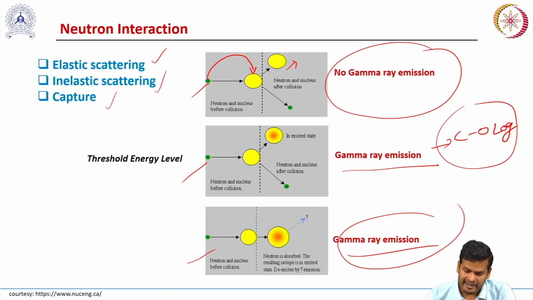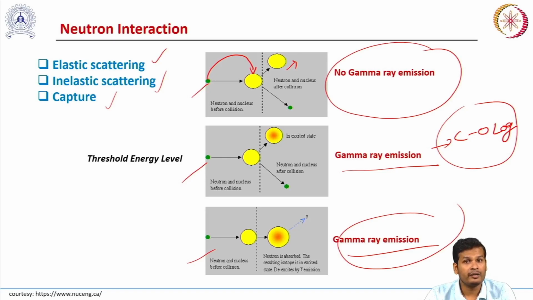But in inelastic scattering, when a neutron collides with the nucleus, the total kinetic energy before and after are not the same. That means some part of the kinetic energy of the neutron is transferred to the nucleus. So the energy of the nucleus is increased, it will go to a higher energy state or an excited state where it will be unstable.